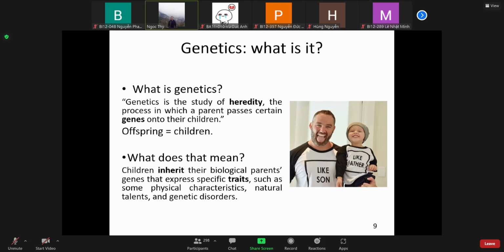For example, the phenotypic characteristic can be the stature of the body.